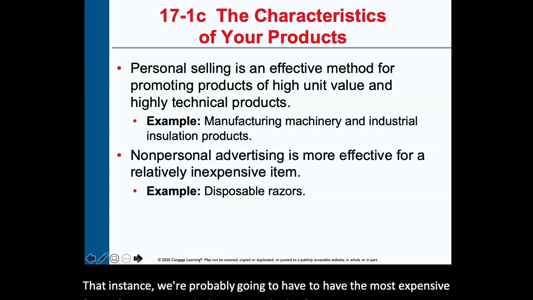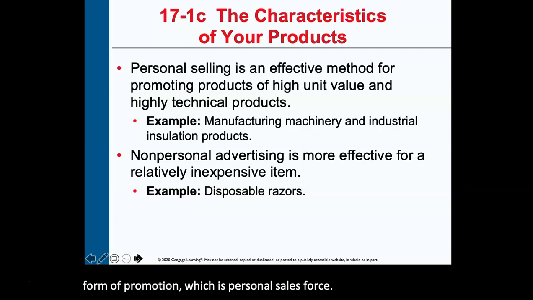But disposable razors, on the other hand, don't need and wouldn't warrant a personal sales force. These are more types of non-personal advertising where you might be able to get it done through a coupon in the paper, advertising on the radio or television, or some other form of non-personal advertising. And again, that's the characteristic of the product dictates how that is promoted.